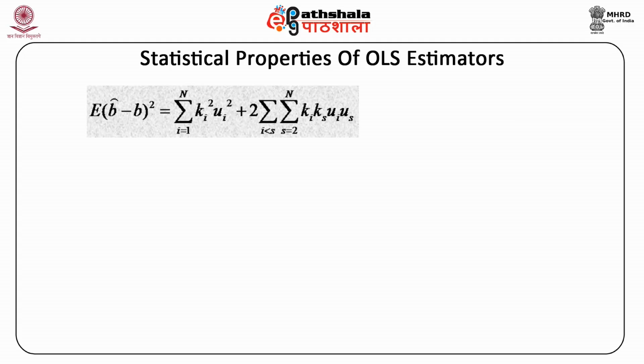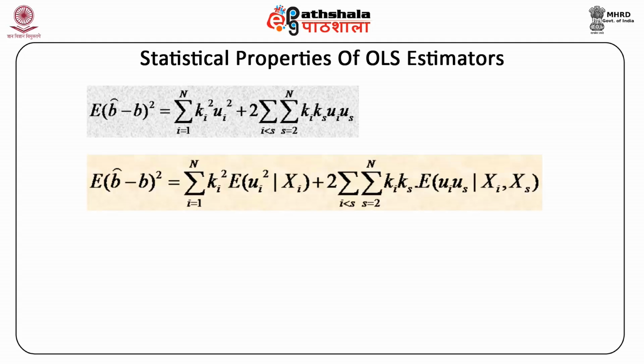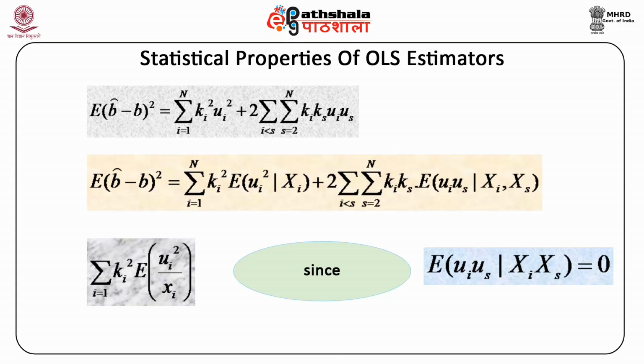Taking expectation conditional on sample values, we have expectation of B hat minus B whole square is equal to summation ki square expectation of ui square given xi, where i ranges from 1 to n, plus twice of double summation ki ks, where i is less than s and s ranges from 2 to n, into expectation of ui us given xi xs, which is equal to summation ki square into expectation of ui square given xi, since expectation of ui us given xi xs is equal to 0.